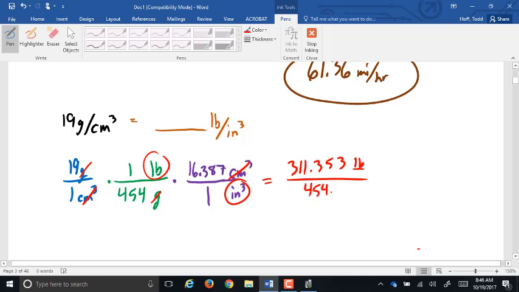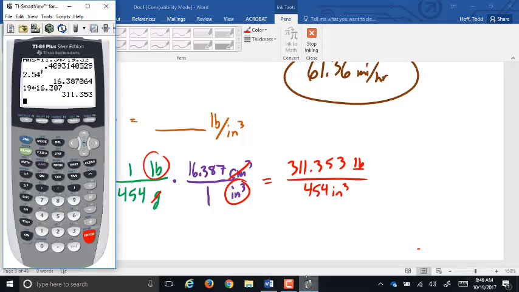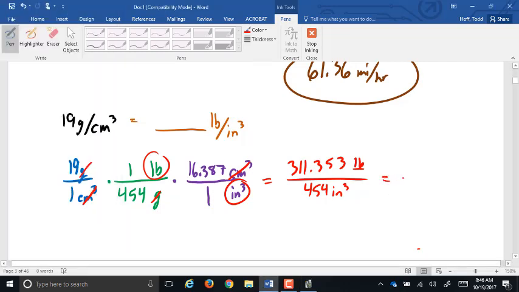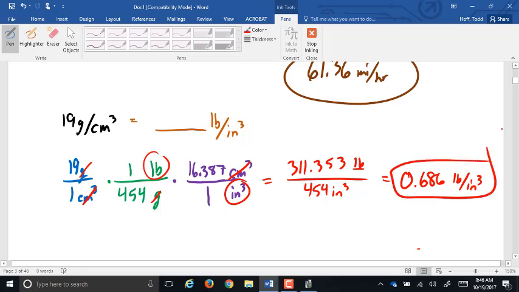That's 454 cubic inches. So we divide that out, that's 0.686 pounds per cubic inch. Yeah, gold is only about 0.7 pounds per cubic inch.